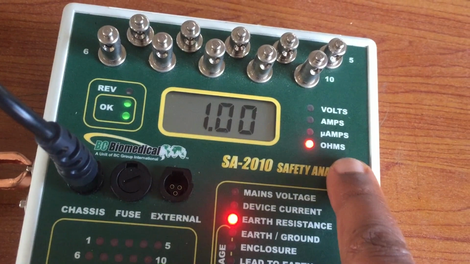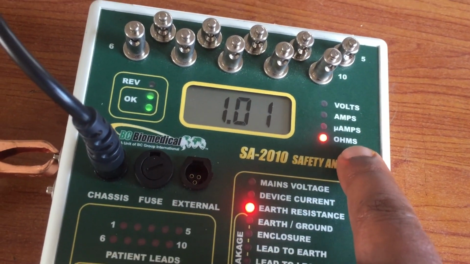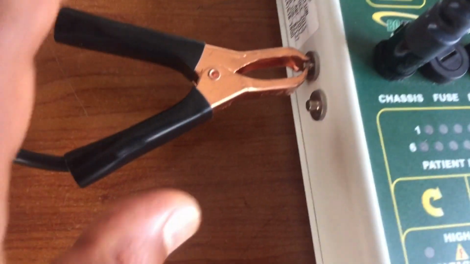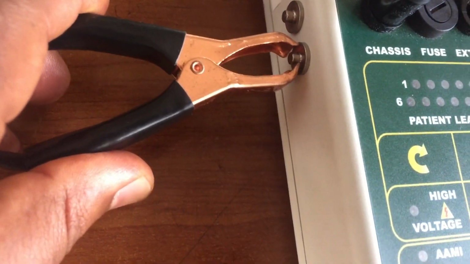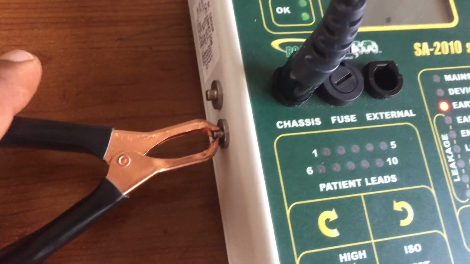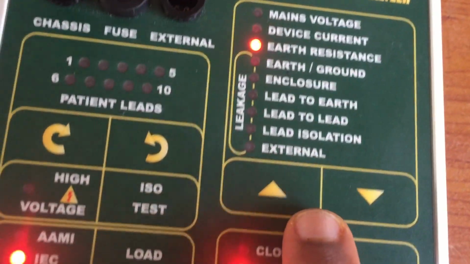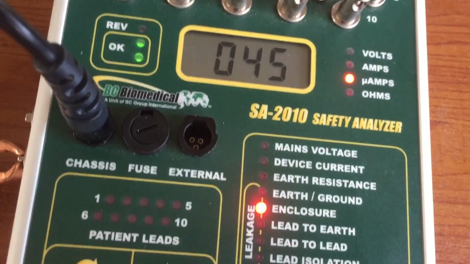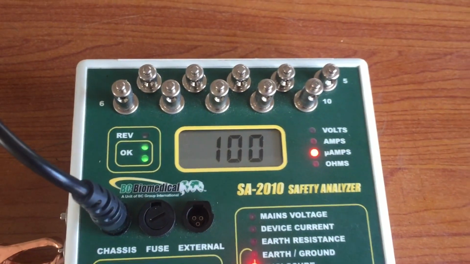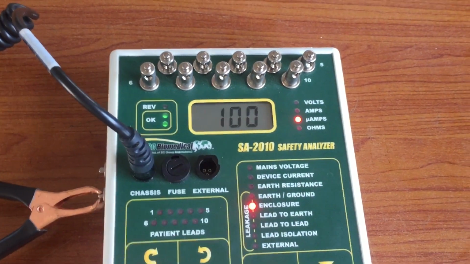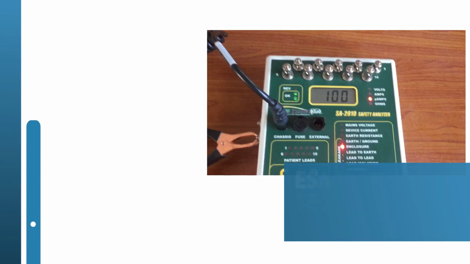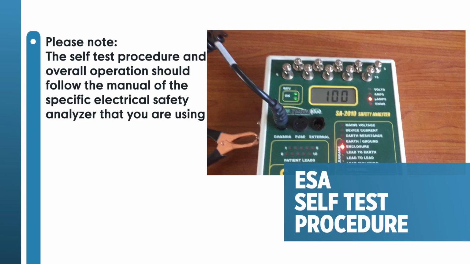They provide a fixed 1 ohm resistance to ground and a 100 microamp leakage current source to ground when the chassis cable is applied and the analyzer is set to the earth resistance and earth ground leakage modes, respectively. If your measurements do not match these typical values, replace your chassis cable. Some variation in values may occur. Please note, the self-test procedure and overall operation should follow the manual of the specific electrical safety analyzer that you are using.